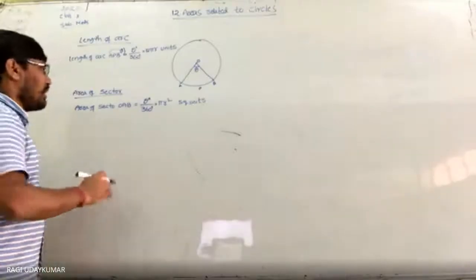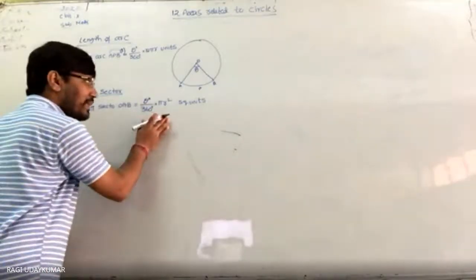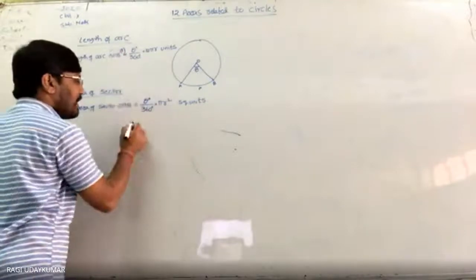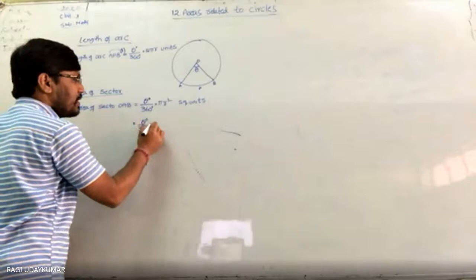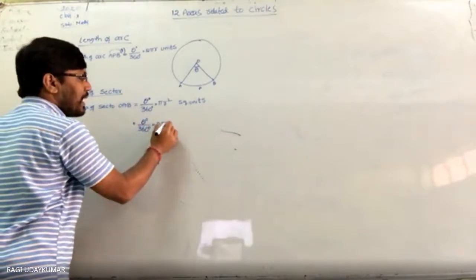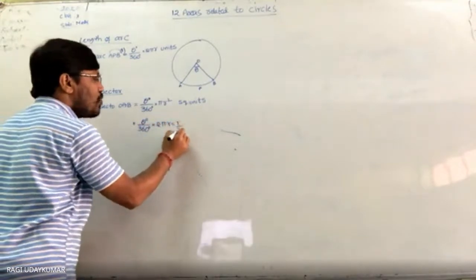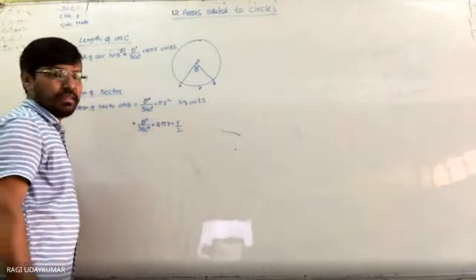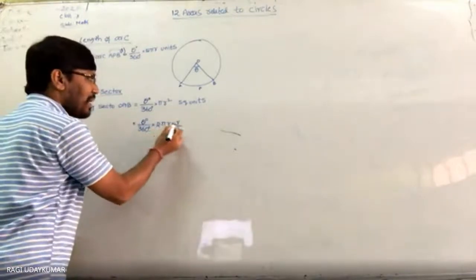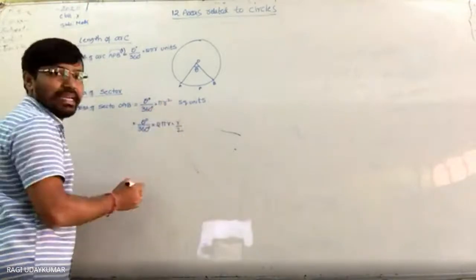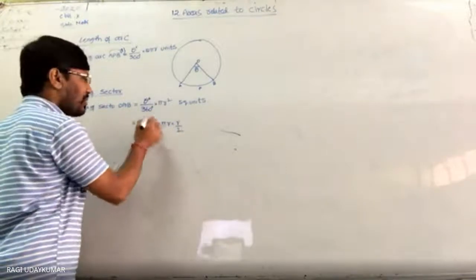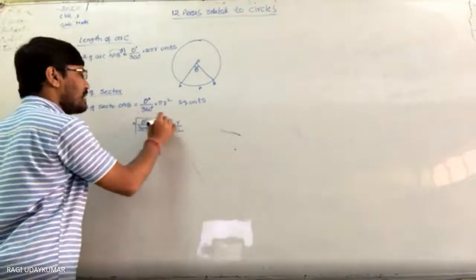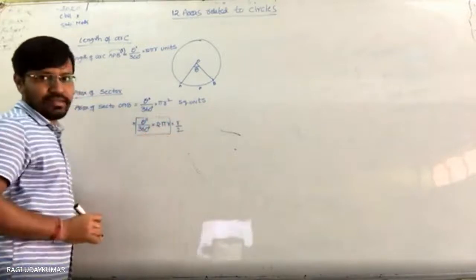Okay. So now here this can also be written, if the length of the arc is given, with a little bit of change: theta by 360 degrees into 2 pi r into r by 2. Can I write like this? This 2 and 2 will get cancelled, giving pi r square. I am writing pi r square as 2 pi r into r by 2, because this part is the length of the arc.